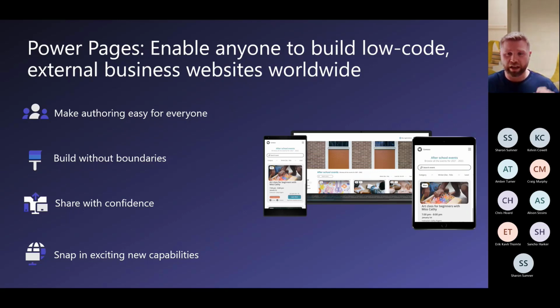Multiple ways to authenticate. I briefly touched upon that with Microsoft and Facebook, but you've got LinkedIn, Google, you name it. And with Elasticsearch within Power Pages, you can make all of your content easily accessible. It's also offered across multiple languages to make sure that you can reach the audiences that you need to.